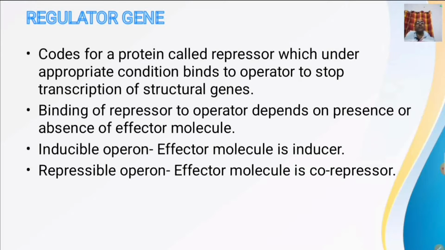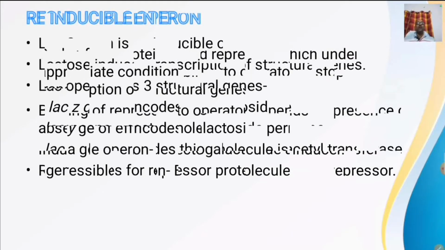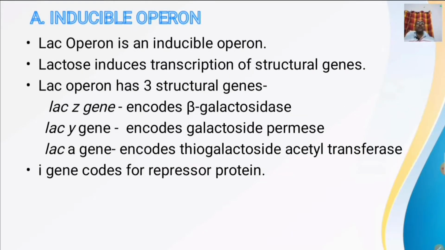That means the repressor is effector dependent. In an inducible operon the effector molecule is lactose, and in a repressible operon the effector molecule is the co-repressor. So here, in the lac operon, lactose is the effector molecule.